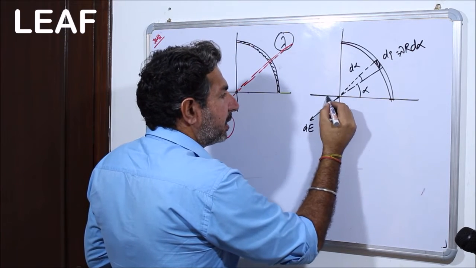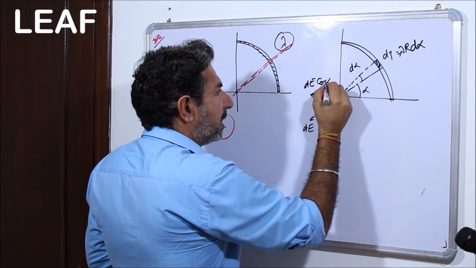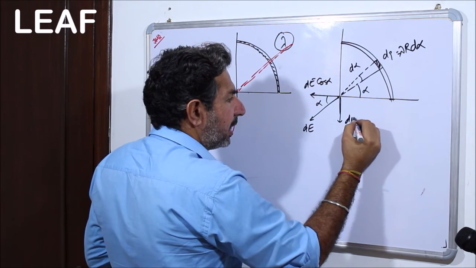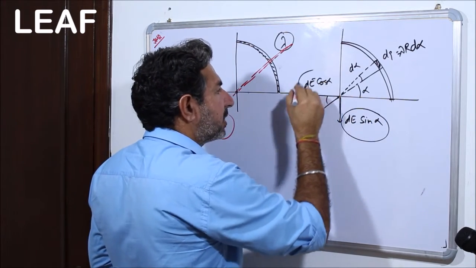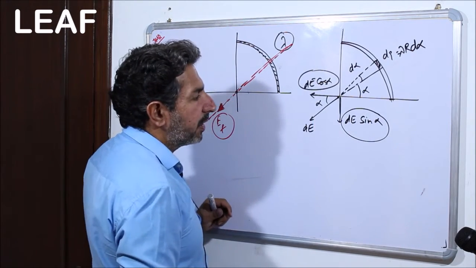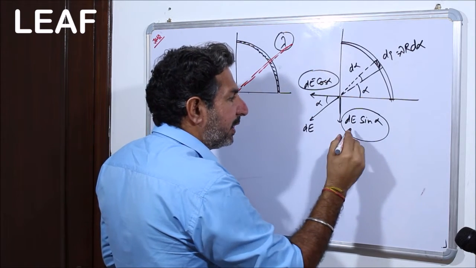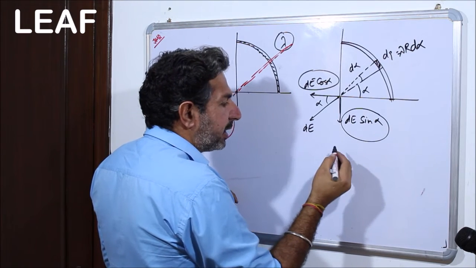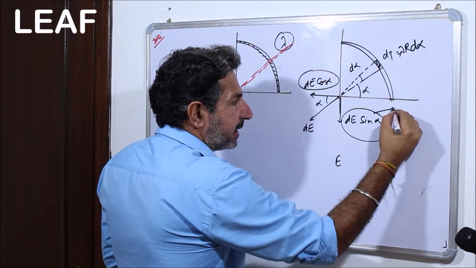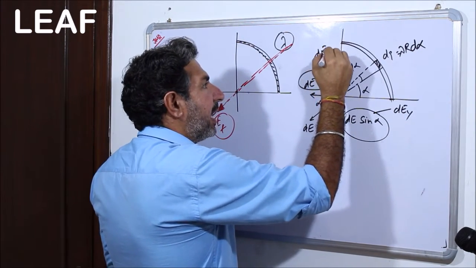Now it is alpha, then this is again alpha, this is dE cos alpha, and this is dE sin alpha. You please get the value of dE cos alpha and dE sin alpha, then you will get the final resultant, say this is dEy and this is dEx.